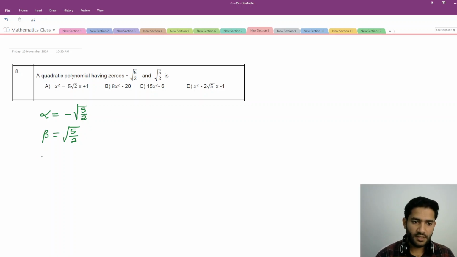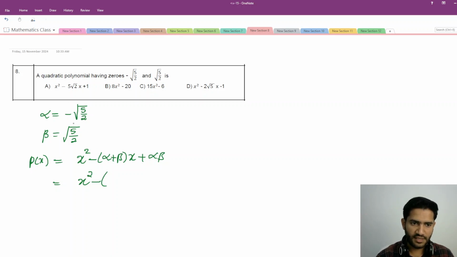We know that we can find the polynomial p of x equal to x square minus (alpha plus beta) x plus alpha into beta. Alpha is negative and beta is positive, so if you add them, we'll get 0.